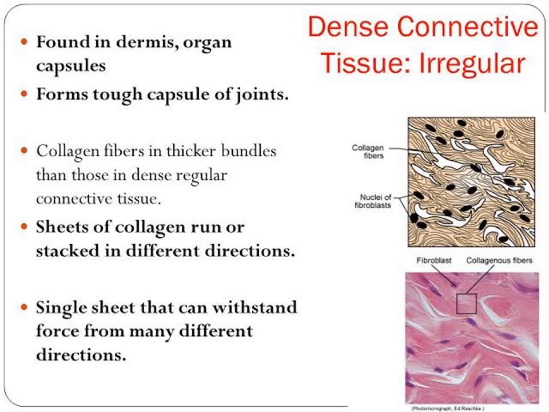And the last one, a single sheet that can withstand force from many different directions. This is an important point for the fourth one. Then the picture: the collagen fibers and the fibrosis. These are all important for this dense connective tissue.